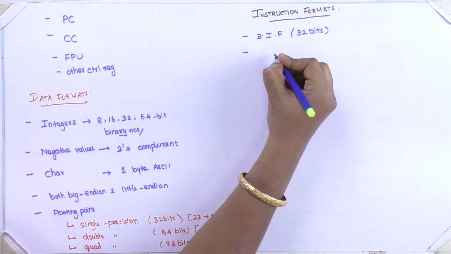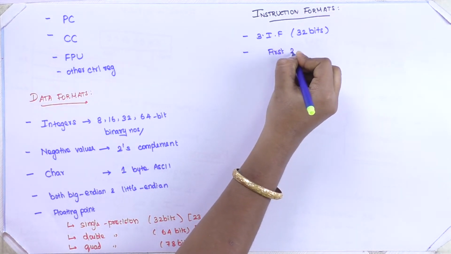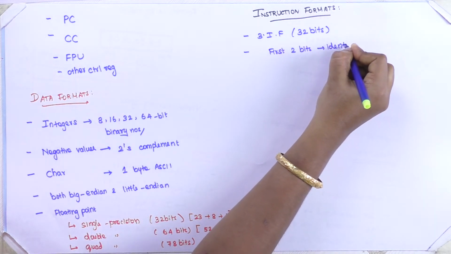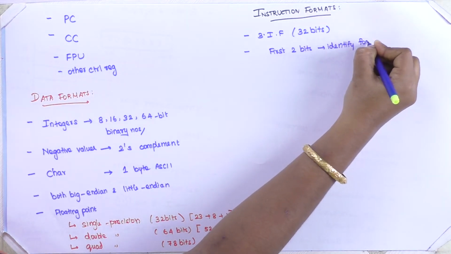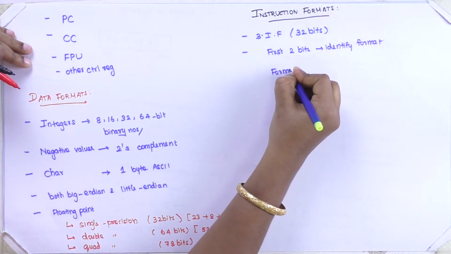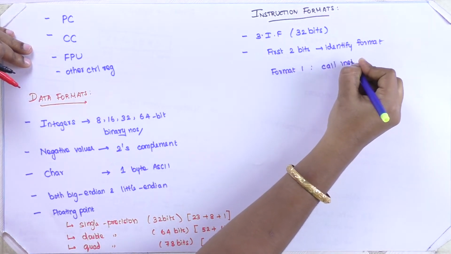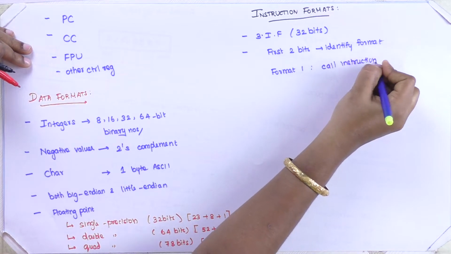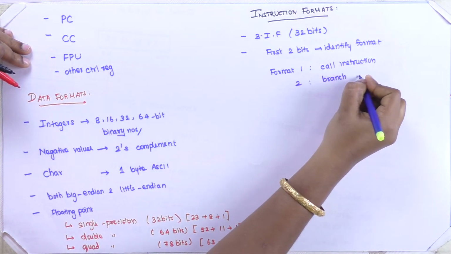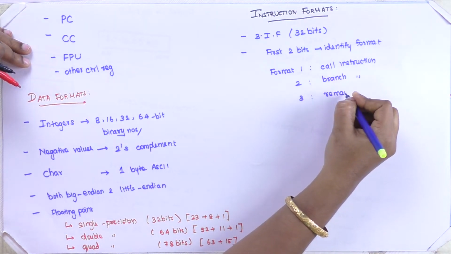Under instruction format, the first 2 bits will identify which format is used. Format 1 is for call instruction, format 2 is for branch instruction and format 3 is for all the remaining instructions.